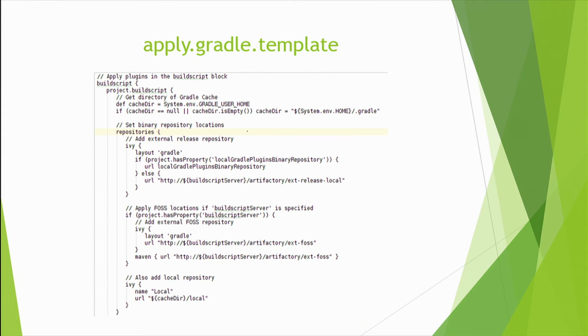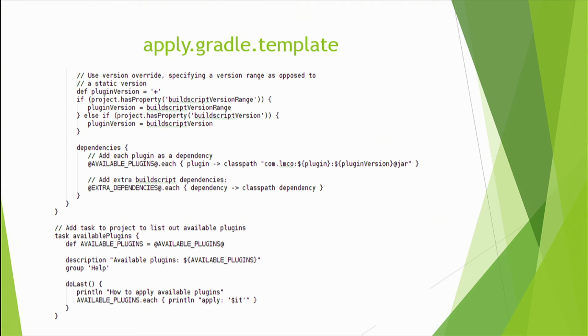We then also set up all of the open source repositories for our project. And then we lastly add the local repository. So this is a common build script that's set up at the start of every project.